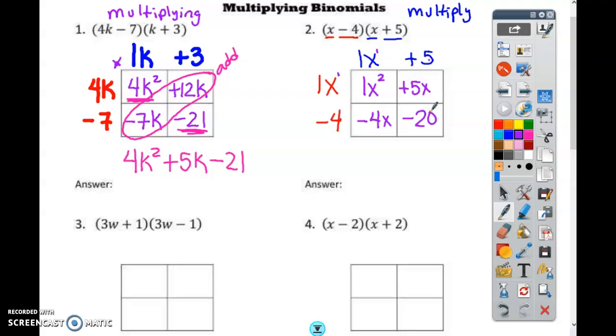So what did we say? That the first number stays, the last number stays. So my answer is going to start with x squared and then minus 20 at the end. This number right here, I get it from adding these two. You add. So put in the calculator negative 4 plus 5.